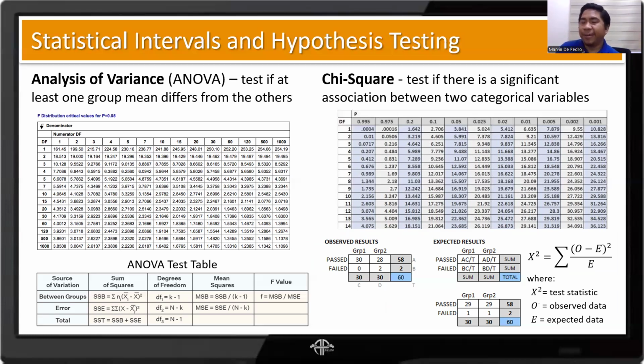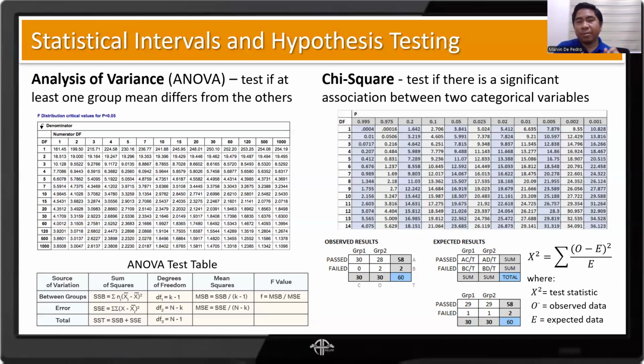Chi-square, on the other hand, is to test if there's a significant association between two categorical variables. I already mentioned that. For example, here we have two groups. The first categorical variable is the group, group 1 and group 2.